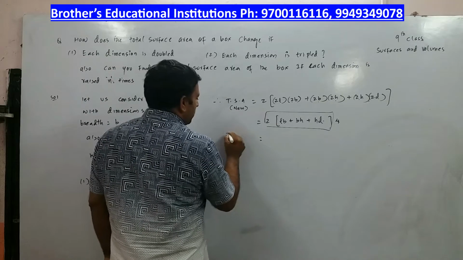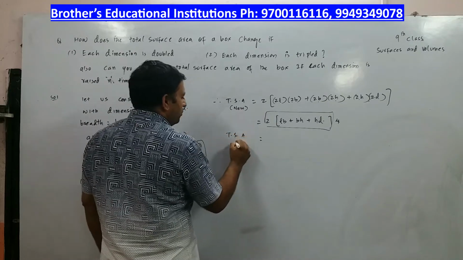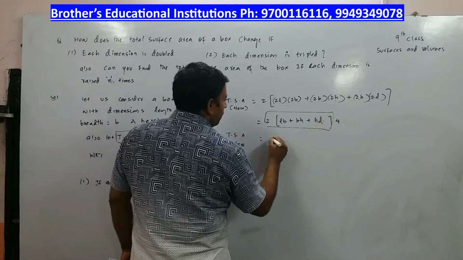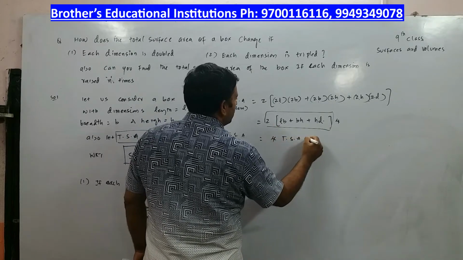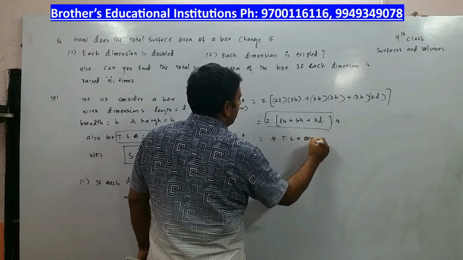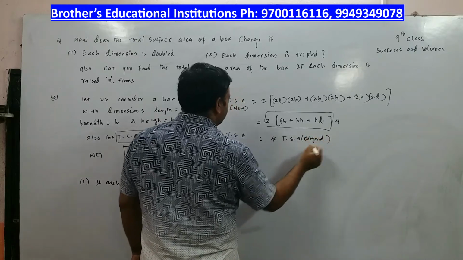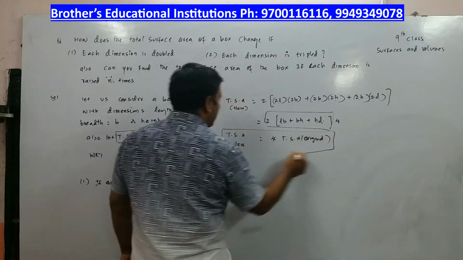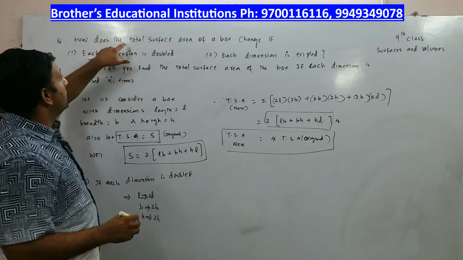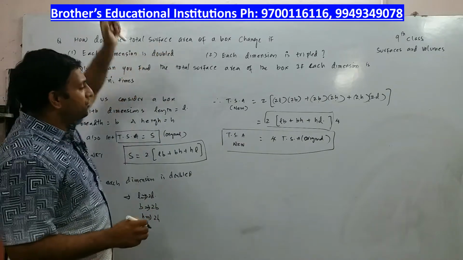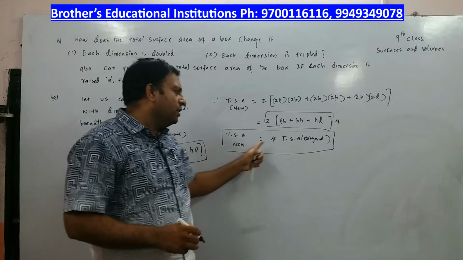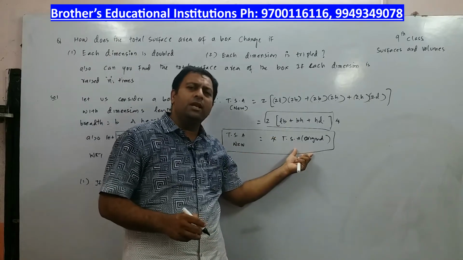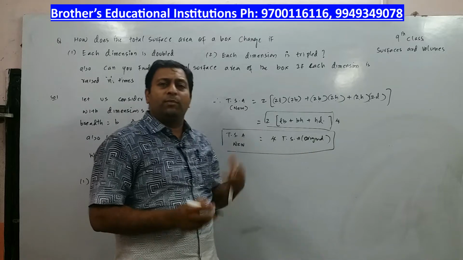So the new total surface area is equal to 4 times the original total surface area. So the question asked was, how will the surface area of the box change? The new total surface area will be 4 times the original total surface area if the dimensions are doubled.